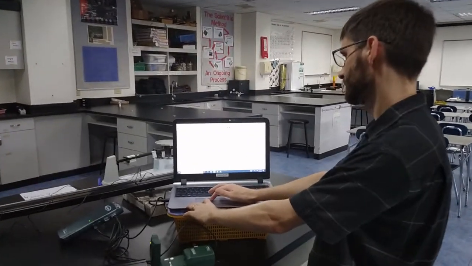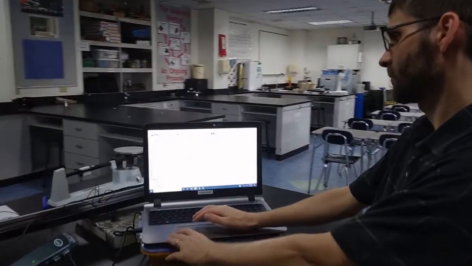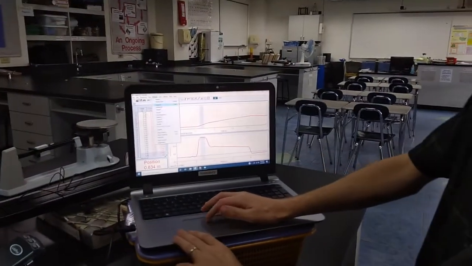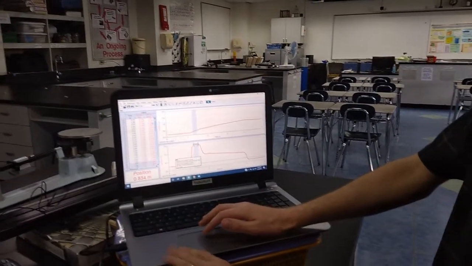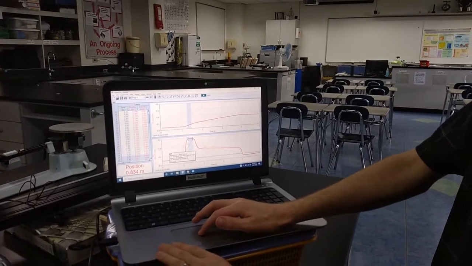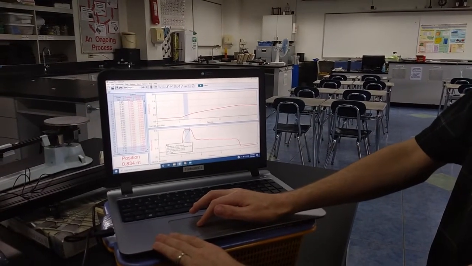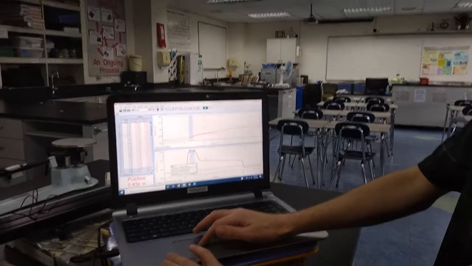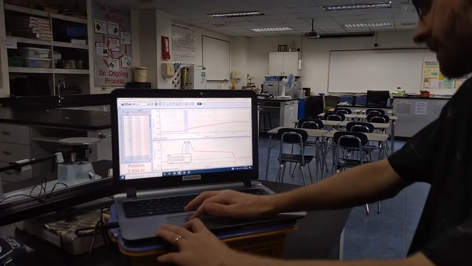Let's see if I can get it here. The average velocity through this section. And we can get that by going to our Analyze and do statistics. And then we have our mean right there, 0.48 meters per second.